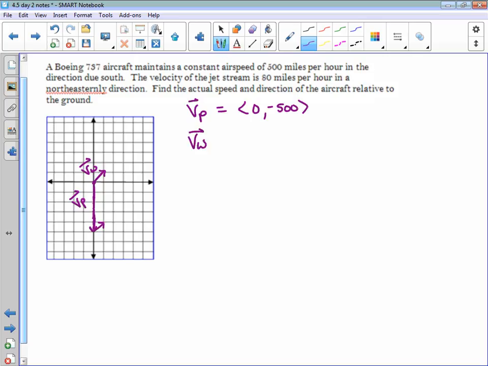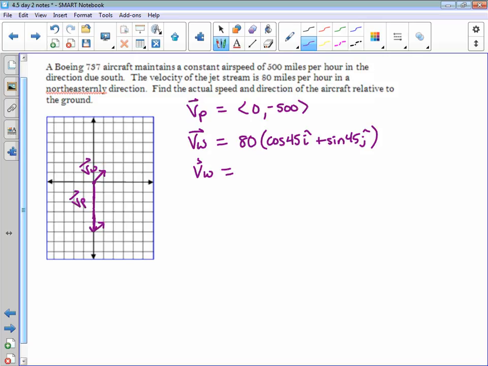We have to figure out the component form for our wind. So, do we know the magnitude of it? 80. And we know the angle, right? We'll turn it back into component form in just a sec.